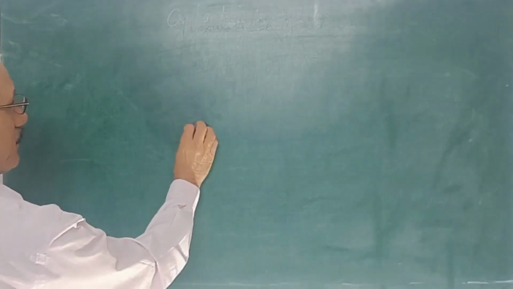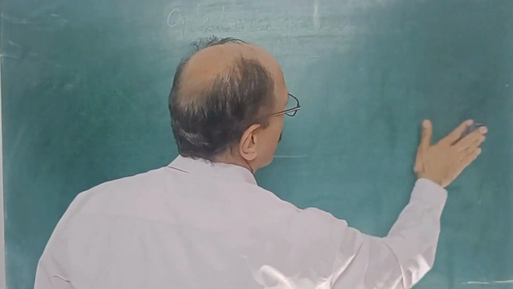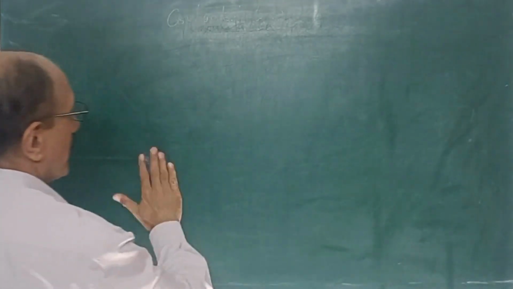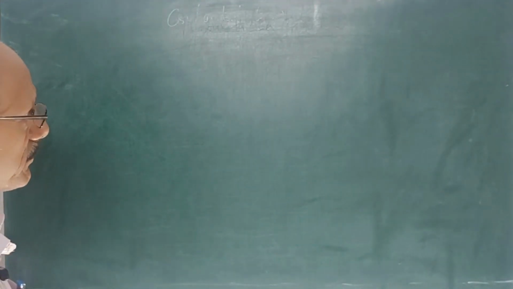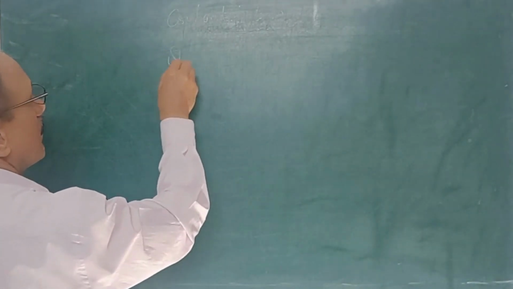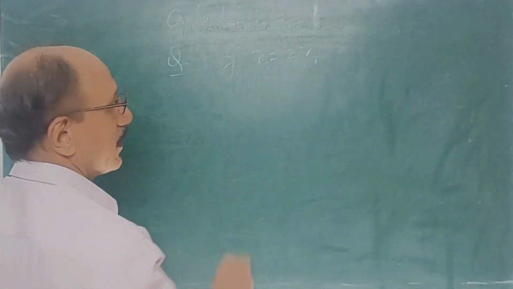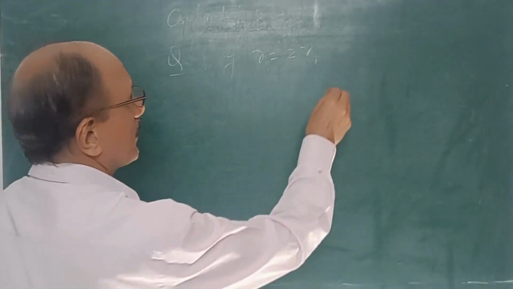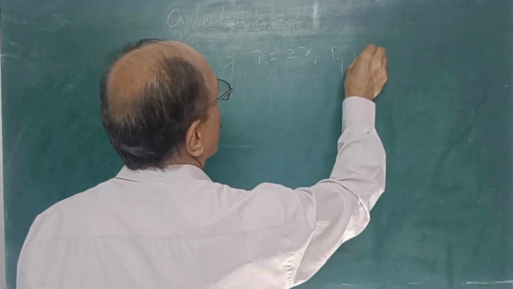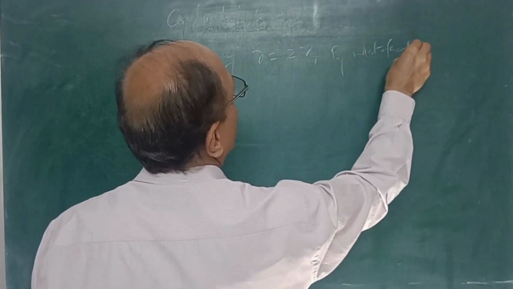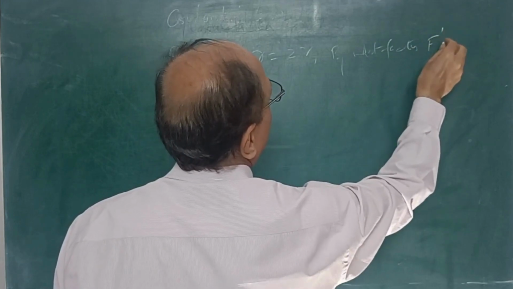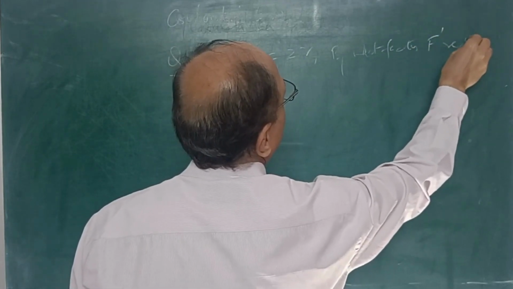Suppose the separation between the two charges is doubled. Question: if R becomes 2R, by what factor will the force get reduced?